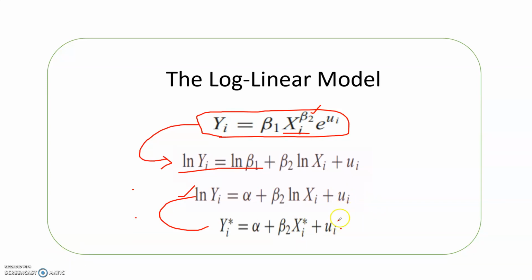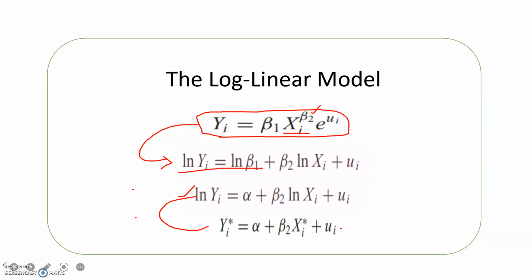Now, why do we need to do this? We need to do this so that if the assumptions of the classical linear regression model are fulfilled, then we'll be able to estimate the OLS estimators, that is alpha hat and beta 2 hat, using the OLS method.